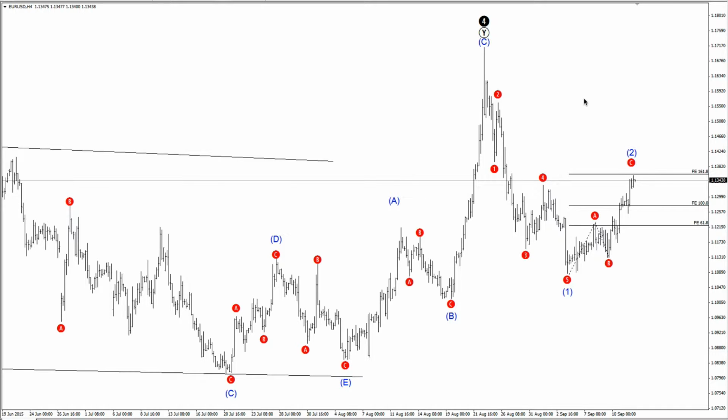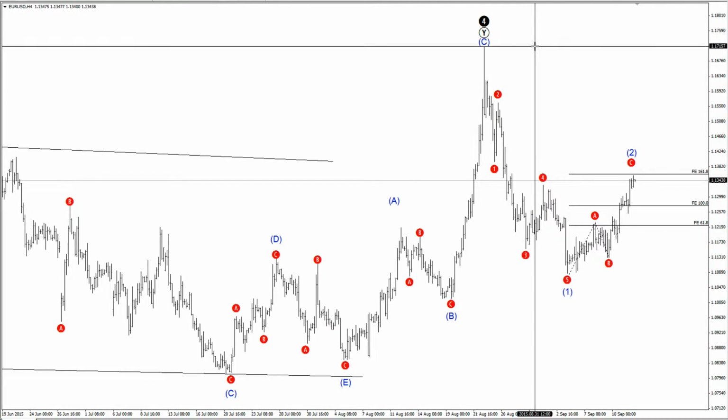And I would propose that if you are going to enter short here, look for a first small 5-wave structure to the downside on smaller time frame charts, so you can get more confirmation on the next downturn and get a nice entry for this short trade. I'm expecting this next wave to the downside to be at least as long as the first wave.